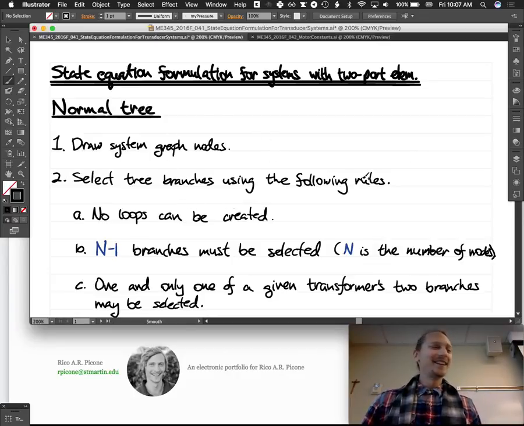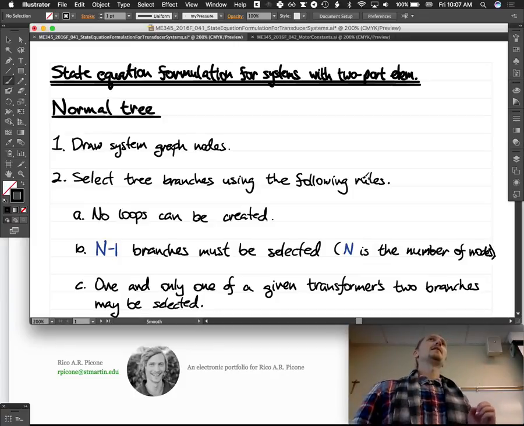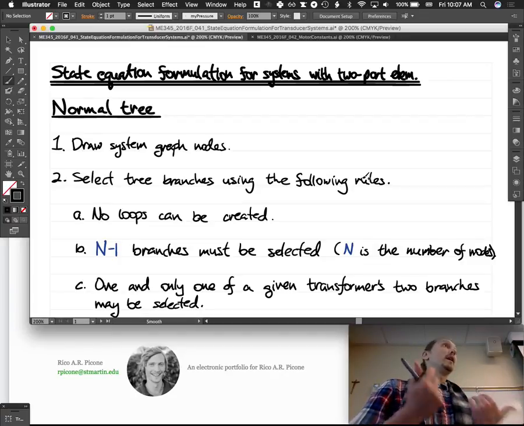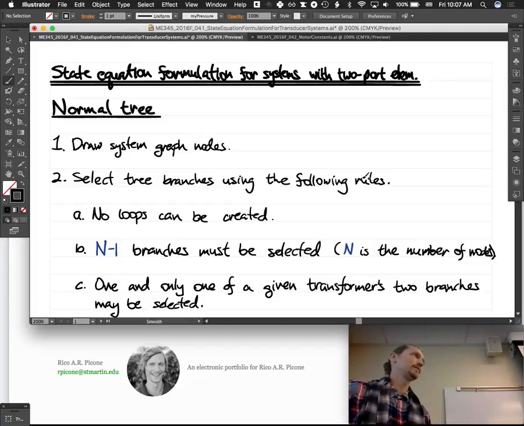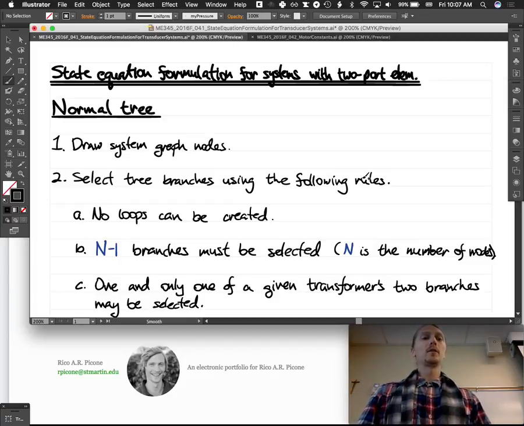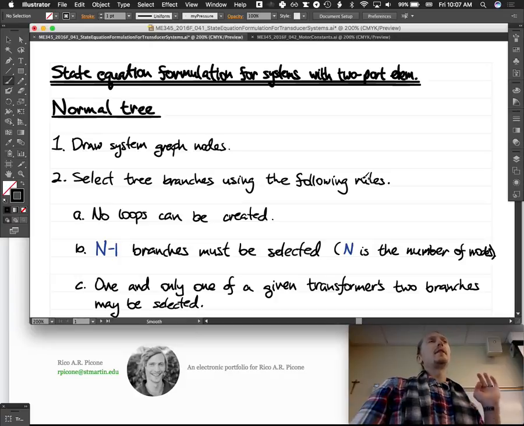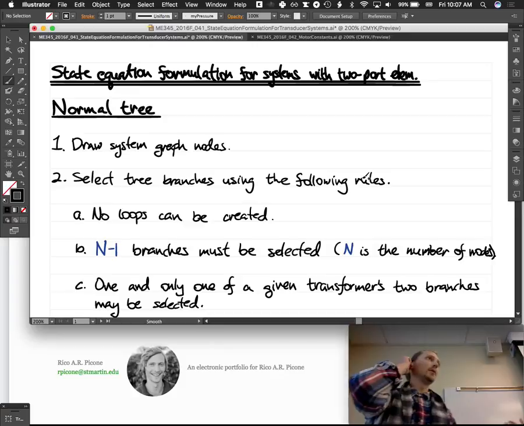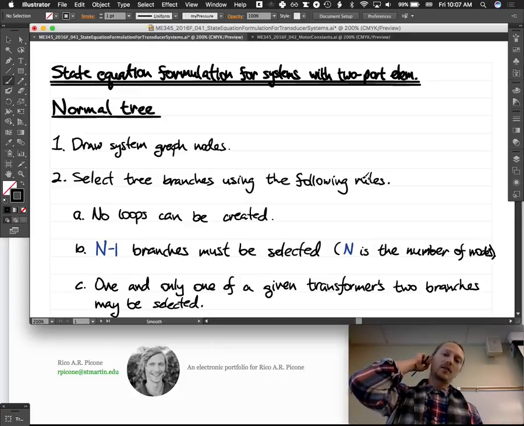All right, so the first step is to draw a normal tree if you're going to formulate state equations, because it's from the normal tree that we know which of the continuity and compatibility equations to write. In order to draw the normal tree, the process is very similar to what it was before, but a couple of our rules and steps have changed.